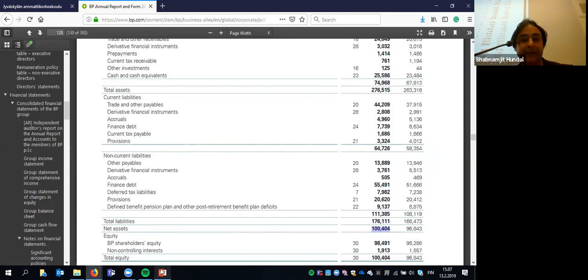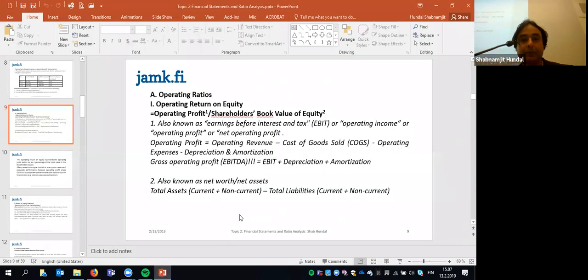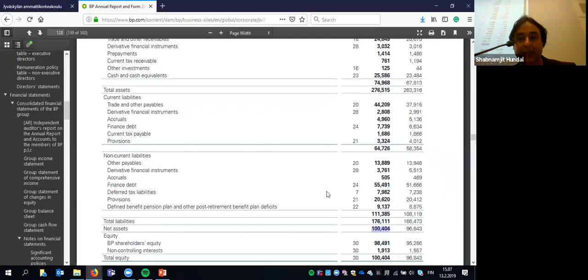The shareholders' equity is also called net worth or net assets, and in this case they are using net assets. So net assets, net worth, or shareholders' equity are synonyms.